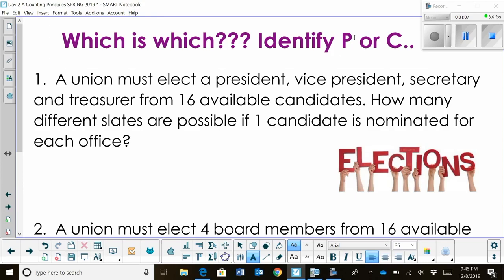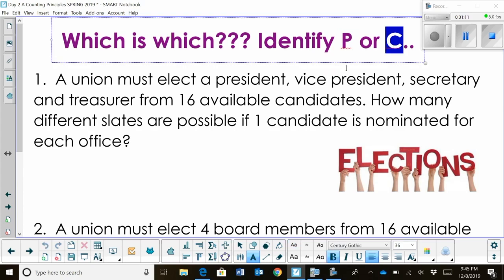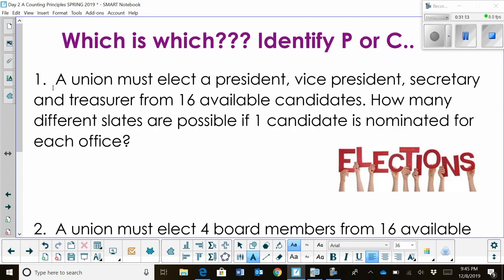Remember, permutation, order matters. Combinations, order doesn't matter. So, number 1, a union must select a president, a vice president, a secretary, and a treasurer from 16 available candidates. How many different slates of officers are possible if one candidate is nominated for each office?